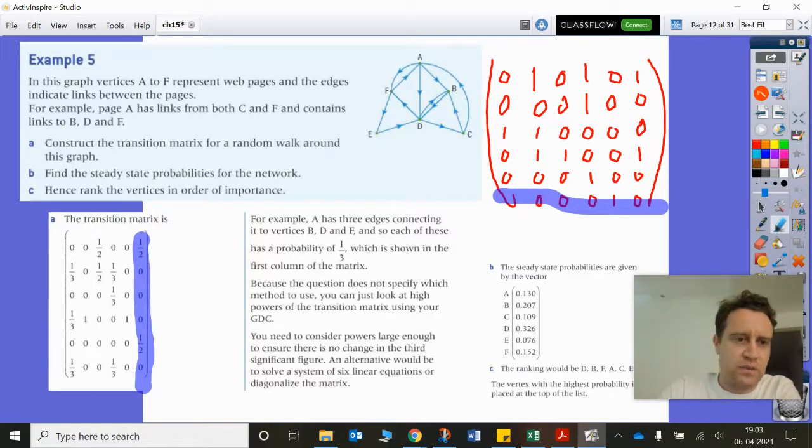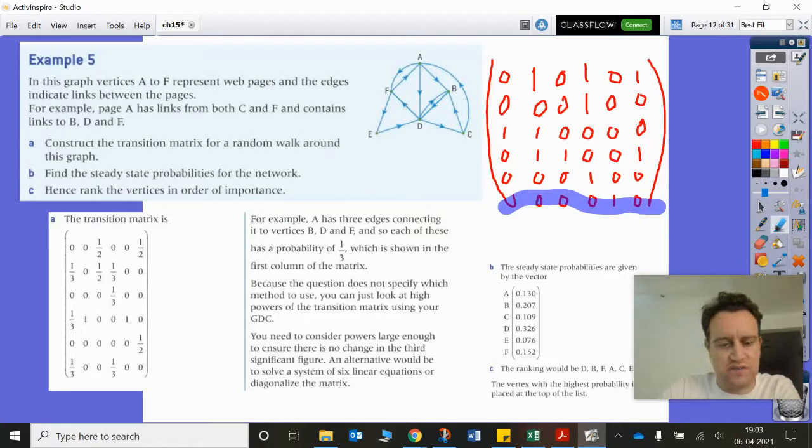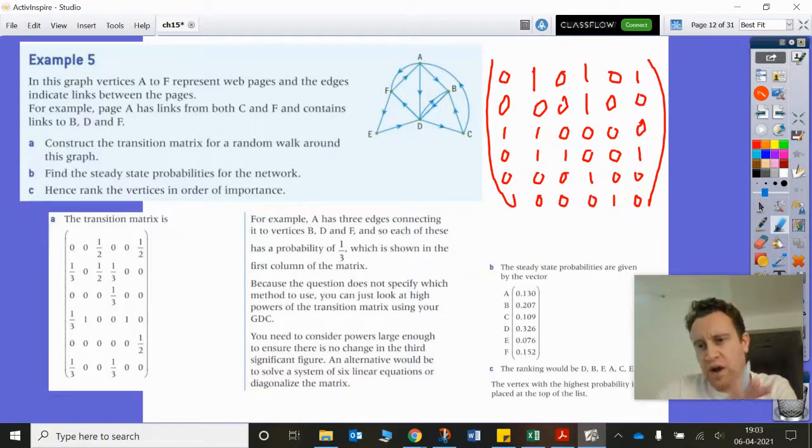So that is the column for F, and it's basically saying, if we had a choice for F as to where we're going to go, we can either go to A or we can go to E. And if you were walking randomly here, then you would move between the vertices with a half chance of going to A and a half chance of going to E.